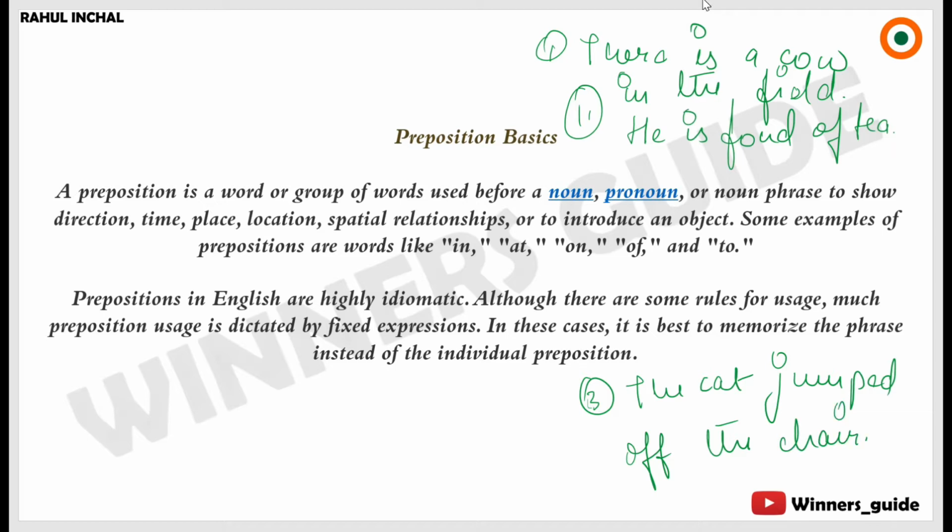Now, in sentence 1, the word in shows the relation between two things, cow and field, correct? In sentence 2, the word of shows the relation between the attribute expressed by the adjective fond and tea. And in sentence 3, the word off shows the relation between the action expressed by the verb jumped and the chair.